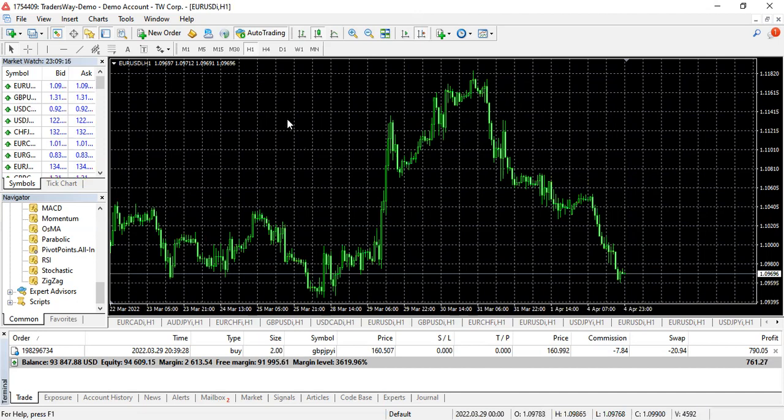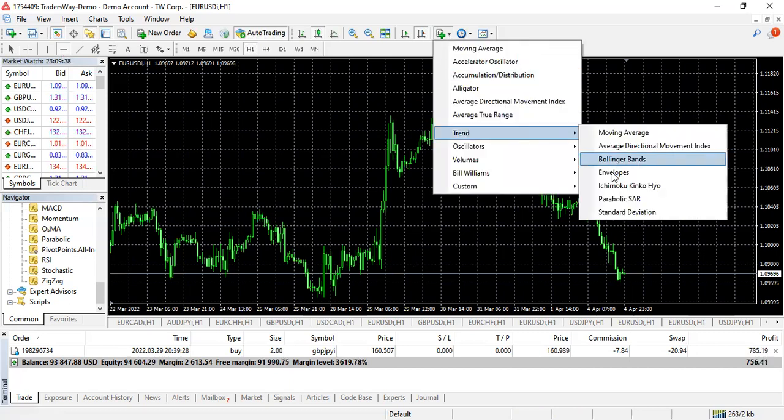So this is my MT4, which I believe you are seeing on your screen. Let us make a little illustration. Let me add one indicator.